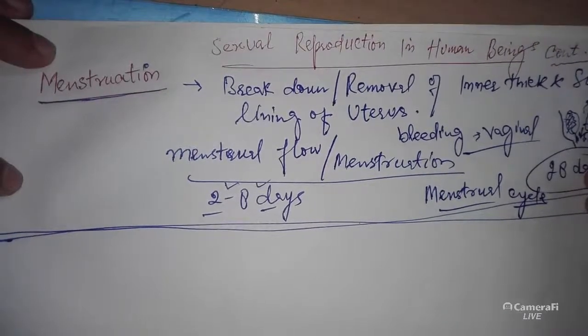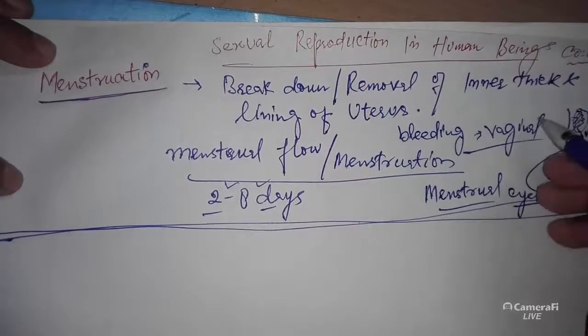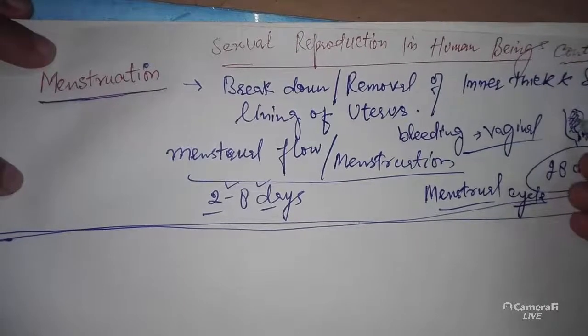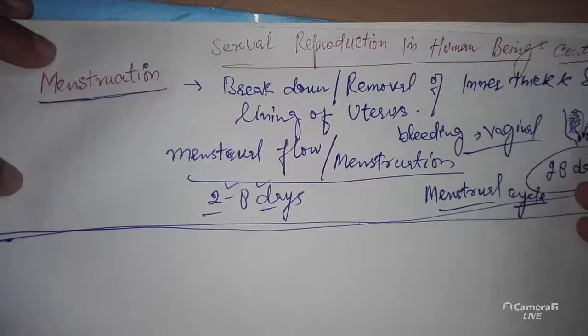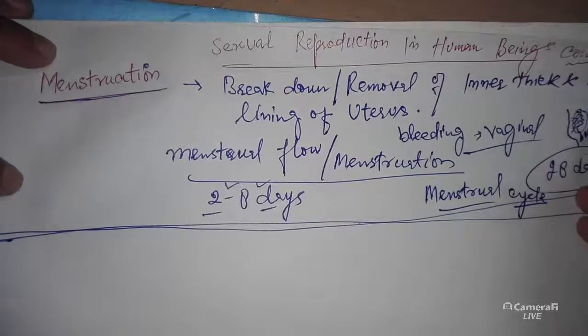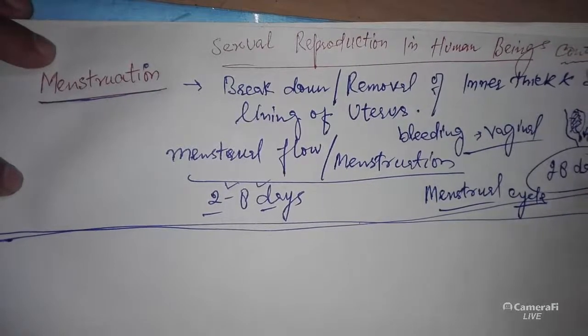Finally it leads to the breakdown and removal of the inner thick wall along with all the blood vessels in the uterus in the form of vaginal bleeding, or menstrual flow. This process is called menstruation.